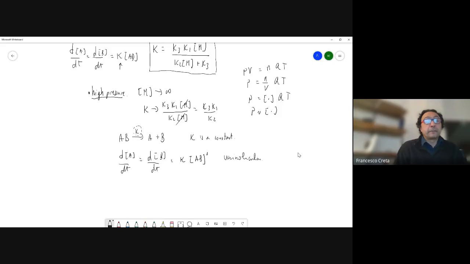Because essentially we have found out through the Lindemann mechanism that the global mechanism behaves like a unimolecular. So there's only one concentration here, so there's only one exponent. So the order is 1, okay? Here it is. On the other hand, what about at low pressure?